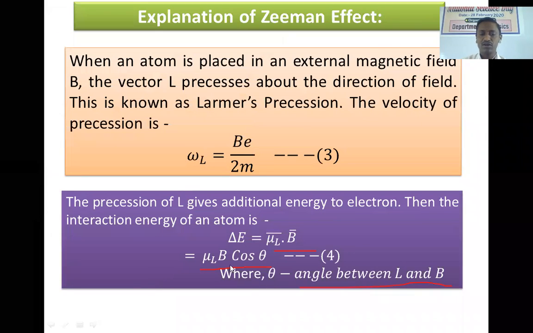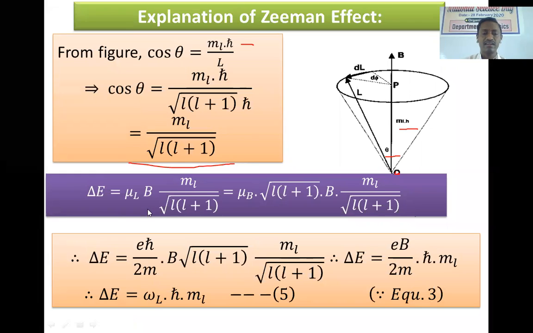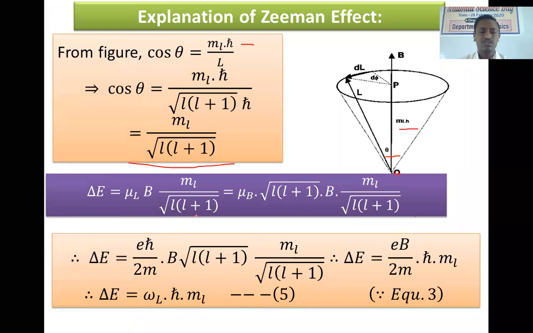Now put this value of cos theta in equation number 4, which is the interaction energy of an electron, or the additional energy achieved by the electron. Therefore, the equation for delta E will be delta E equals mu L into B into the value of cos theta, that is ml upon under root of small l, l plus 1.